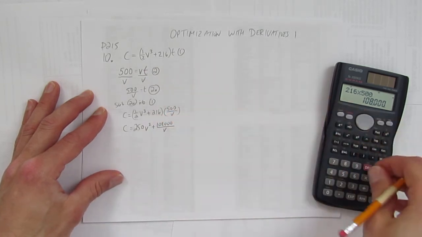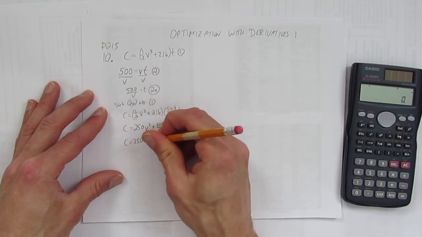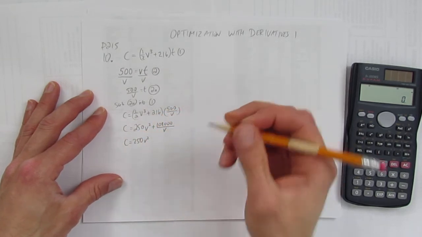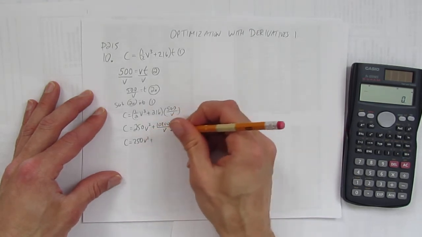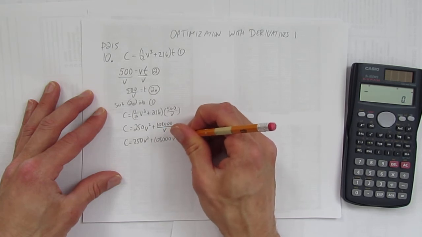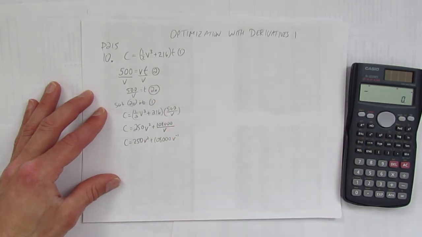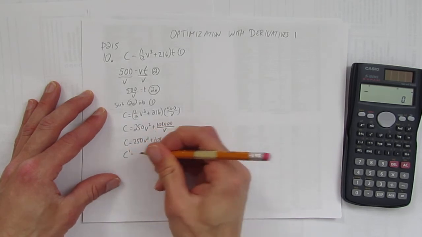And we're going to want to take the derivative, but in our class we need to do the derivative using only product rule and chain rule. We don't have a quotient rule. So we'll bring that v up, and we get 108,000 v to the -1. And now we're going to take the derivative. What's the derivative of c?